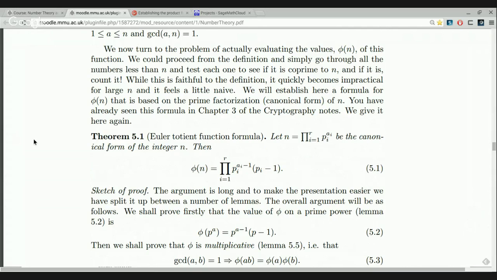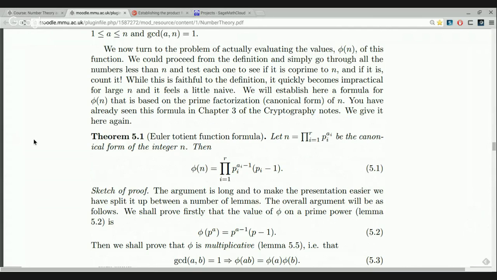Now, what's involved in proving this? Well, you can write down the overall argument quite quickly on paper, which says that phi of n is equal to phi of its prime factorization. So we want to find phi of this product.